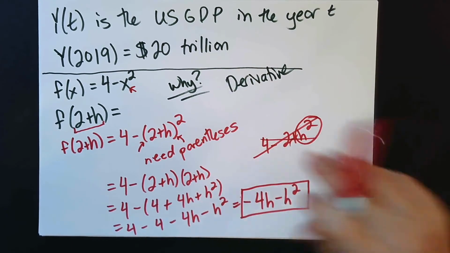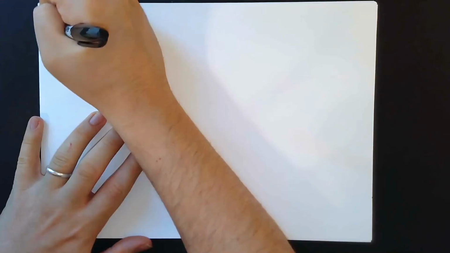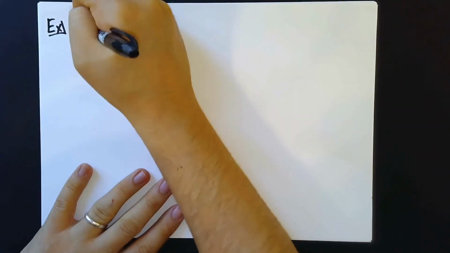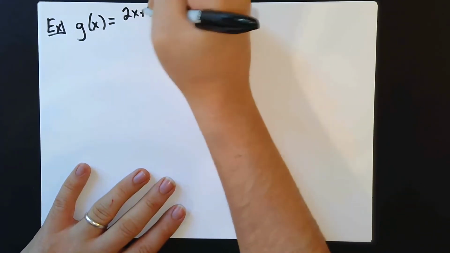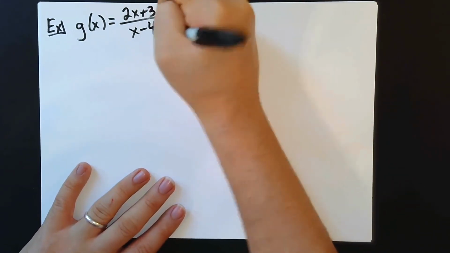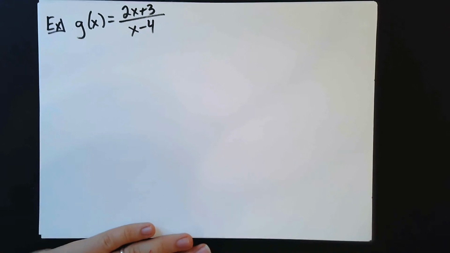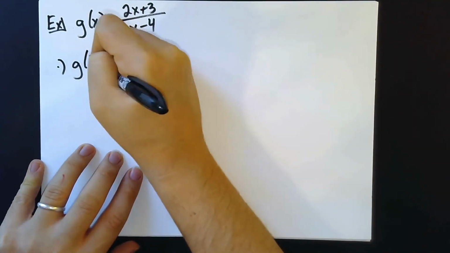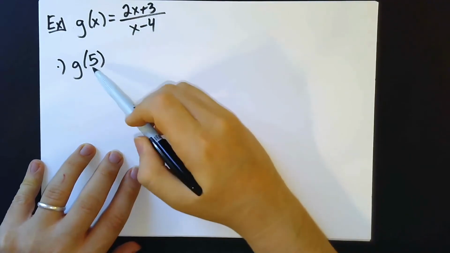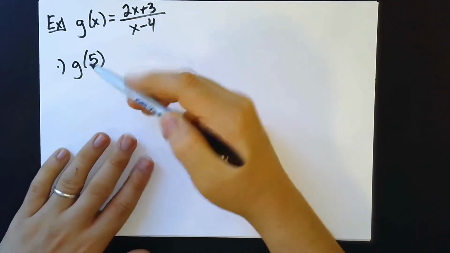All right, let me do one more example of this just to make sure that we're comfortable with it. So let's take now as our function g of x is 2x plus 3 divided by x minus 4. Note I can take something like g of 5 still. That is, I can ask what's the output that corresponds to the input 5.